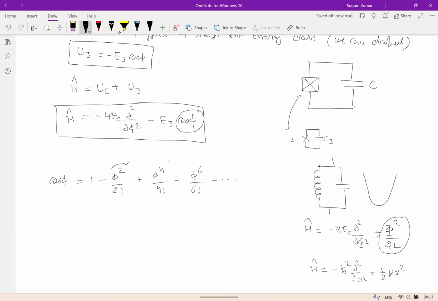No doubt this component is going to cause a perfect parabolic potential. But the higher terms are going to cause deviation from the parabola, correct?